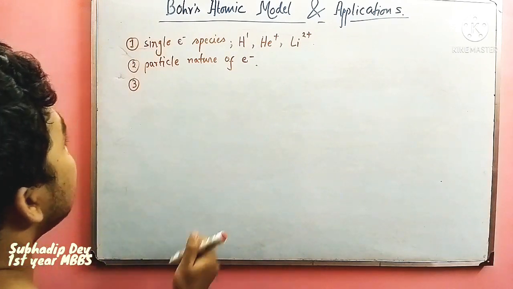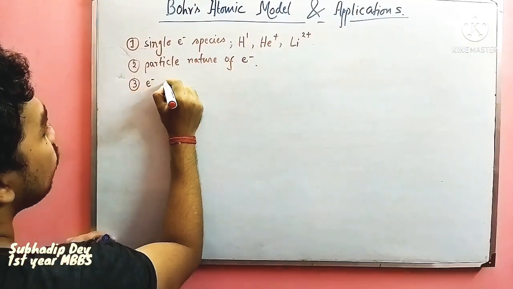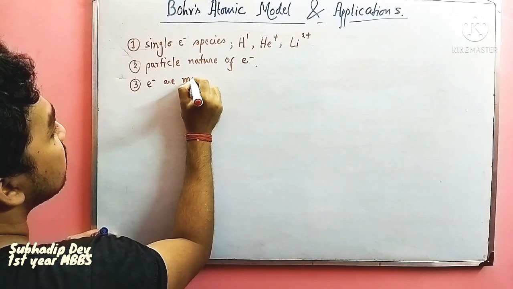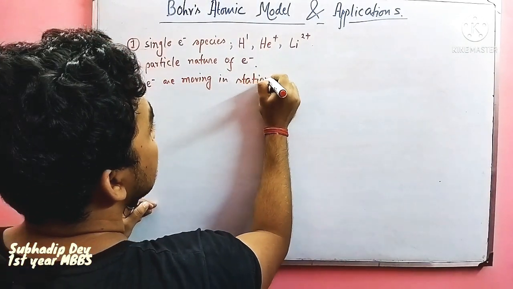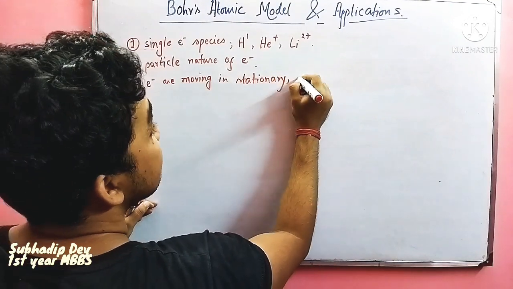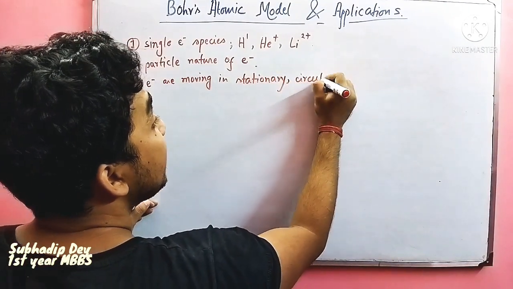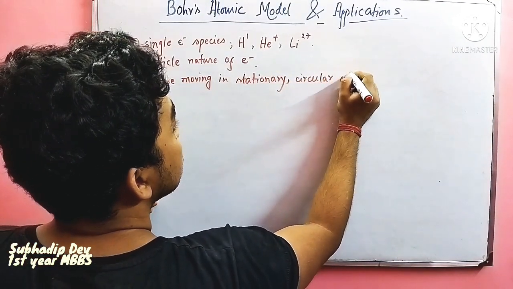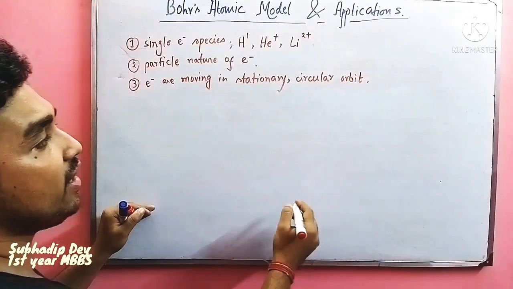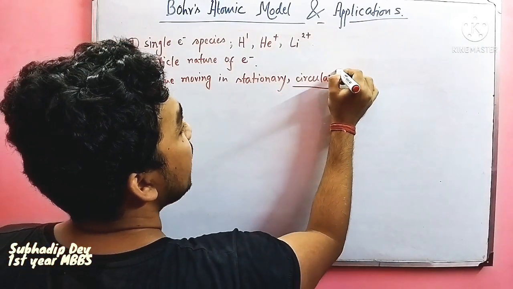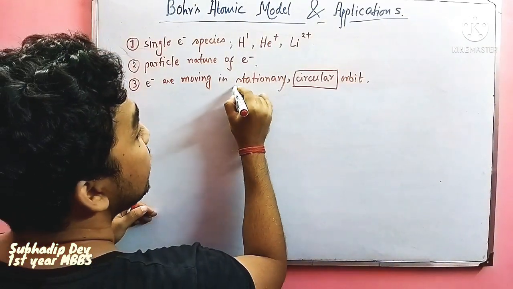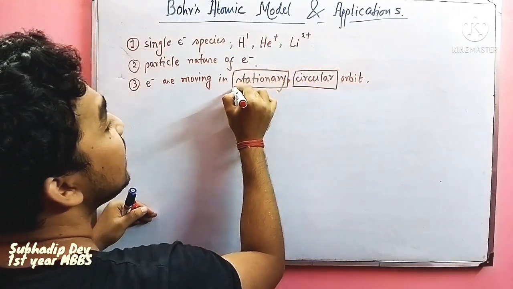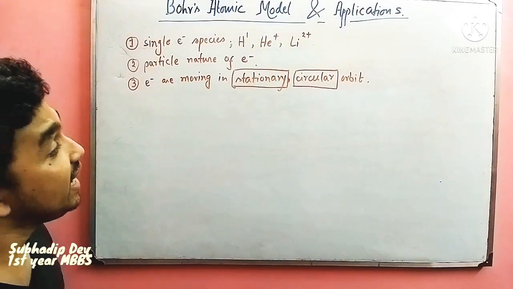And what more has he told? He has told that electrons are moving in stationary and circular orbits. So he has given a particular shape to the orbit of the electrons, and also he told that orbits are stationary in nature.